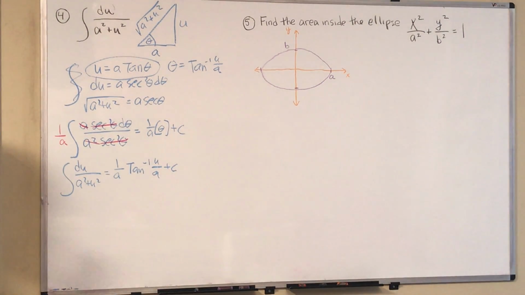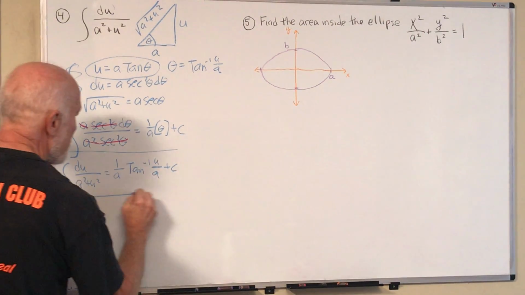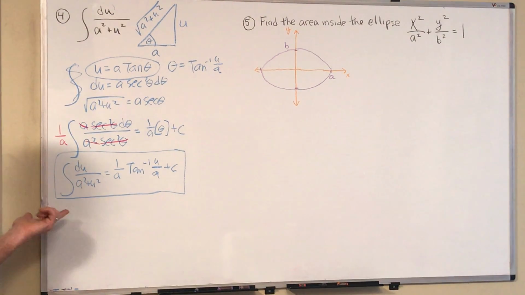Now, not only did we solve this problem, but we've got a formula, something that we did earlier in the year when we were working with inverse trigonometric functions. We came up with that form. It's one of our 10 big forms, except I didn't have the a in there. What if a was equal to 1?